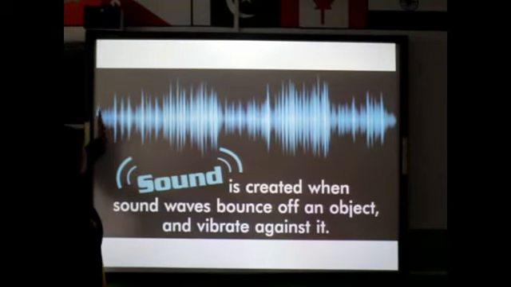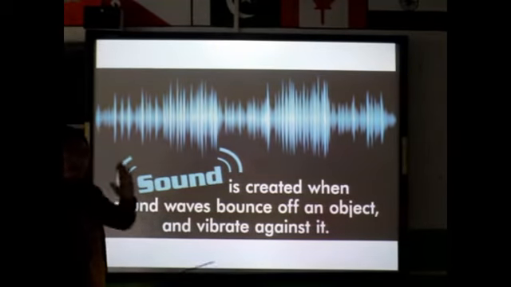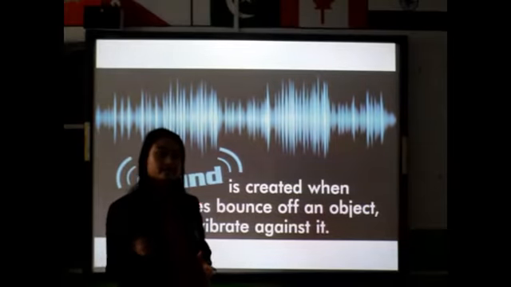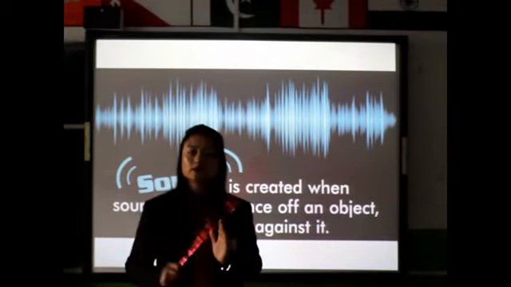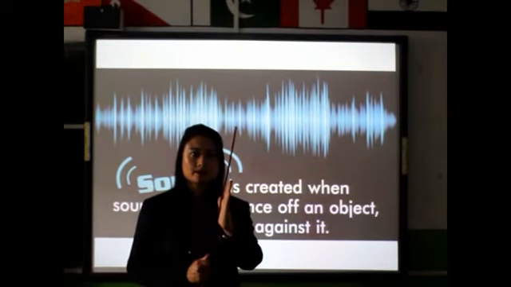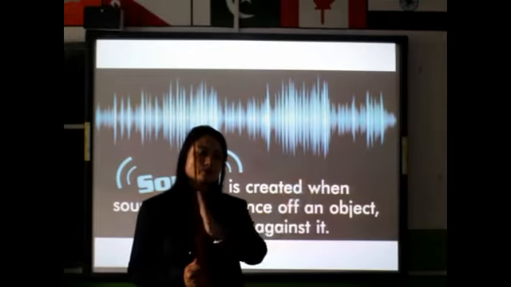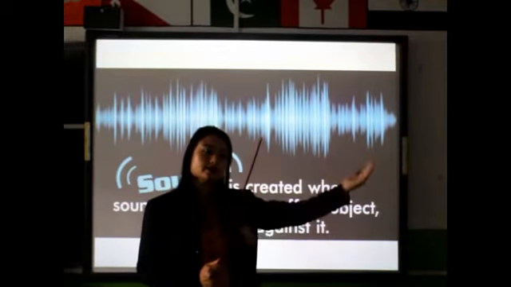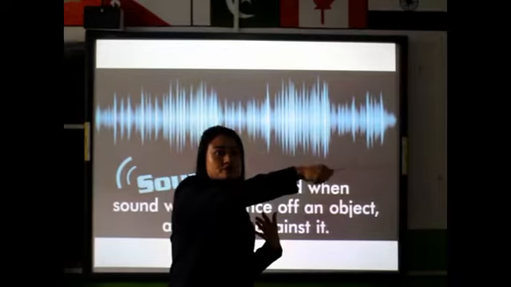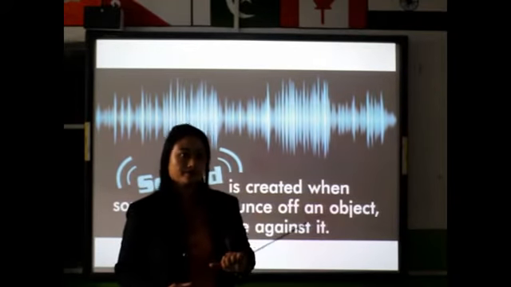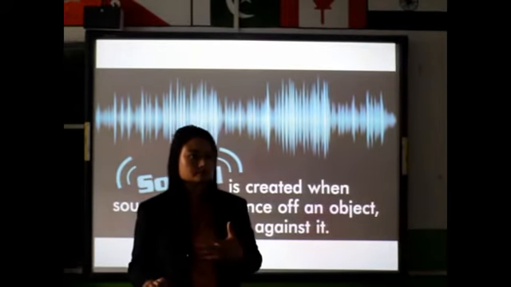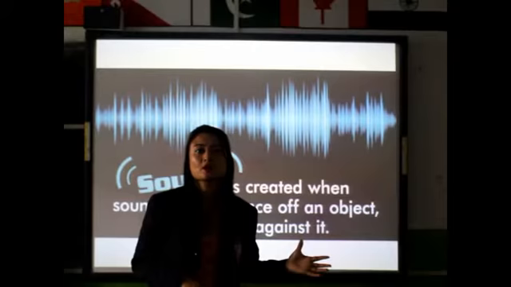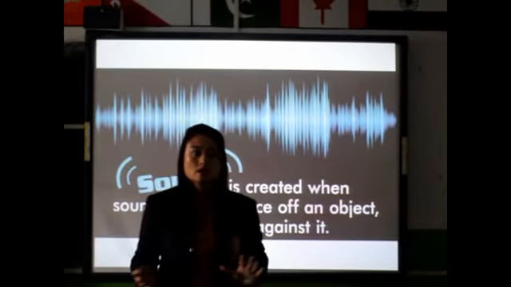The particles start vibrating to and fro, and when a particle vibrates to and fro, it touches the other particle. Now the second particle starts moving to and fro. Again it touches the third particle, and again it starts vibrating to and fro. This is how it reaches from the source to the ear.